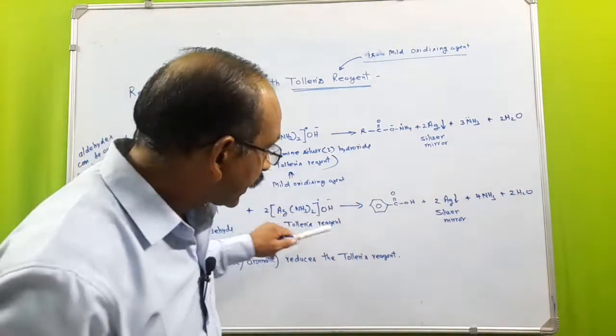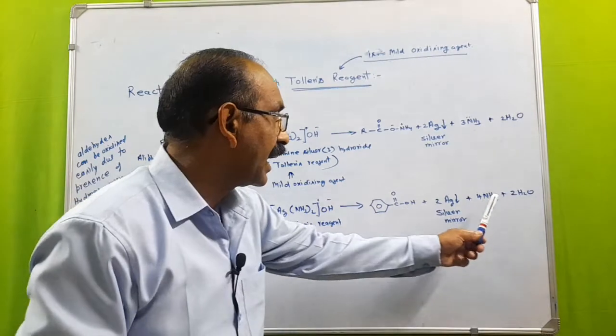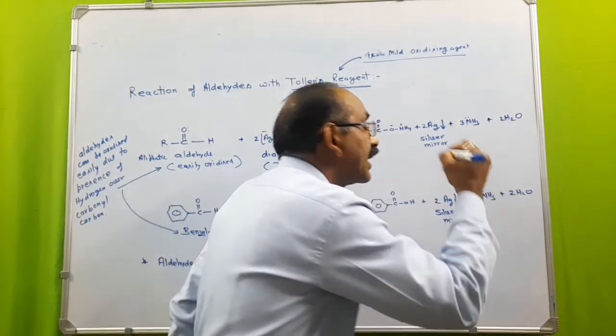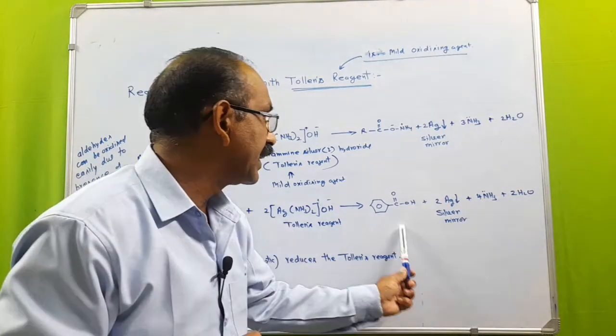See, during the reaction we are getting an acid as well as ammonia. Ammonia is a Lewis base, so acid and base can't exist together.